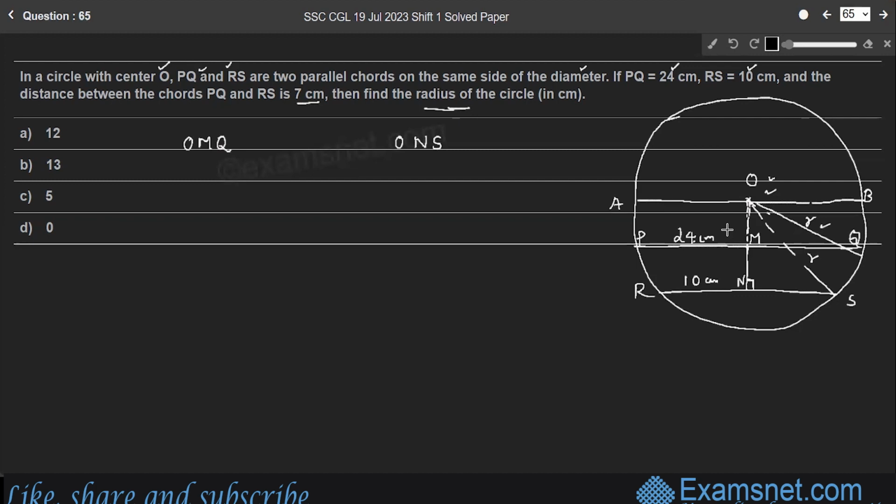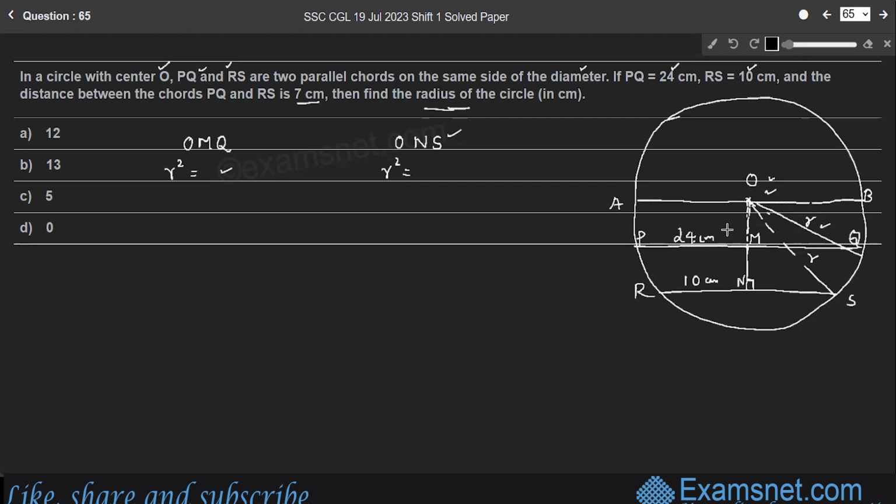So the hypotenuse is the radius. Apply the Pythagoras theorem. Radius square is equal to the sum of the squares of the other two sides. Whereas in ONS also, the hypotenuse square is the sum of the squares of the other two sides. Therefore, you can equate the radius square of the two triangles, so that we can easily find the radius.